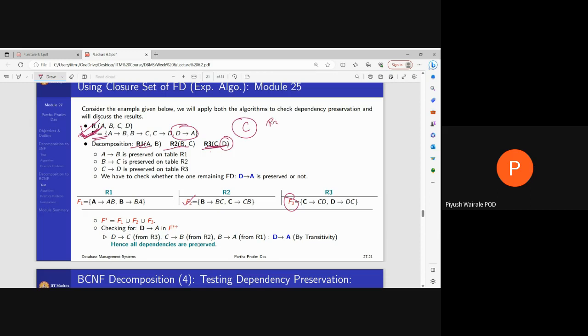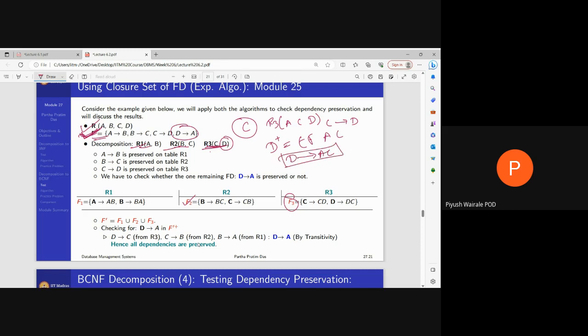So suppose in R3 we have A, C, D. For example, you find C determines only one attribute here, but if you take the closure of D, you will get E, F, A, C. So what you can say, D determines AC also, right?